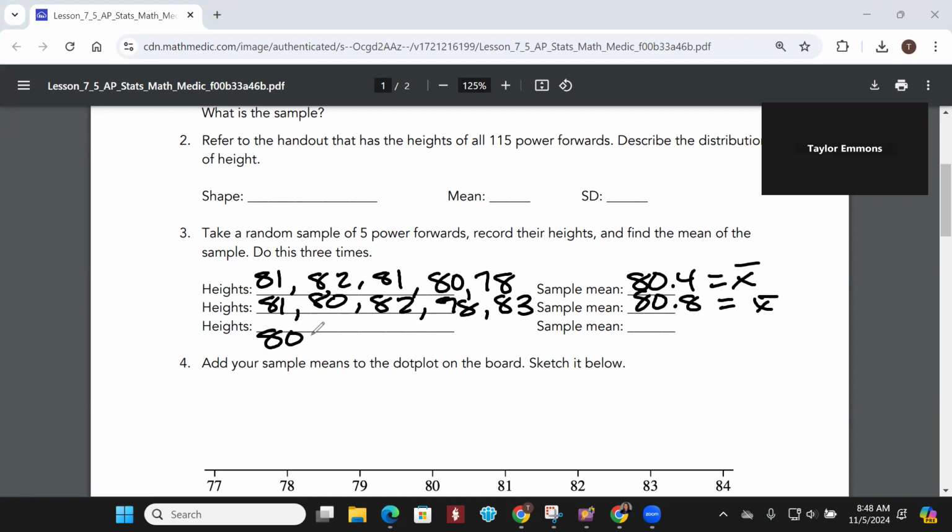And the last one's going to have 80, 81, 81, 80, and 79, and that's going to have a mean of 80.2. Now, we're going to take all of these means and add them to a dot plot.